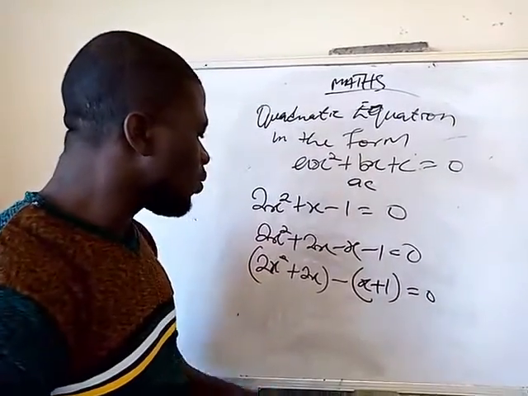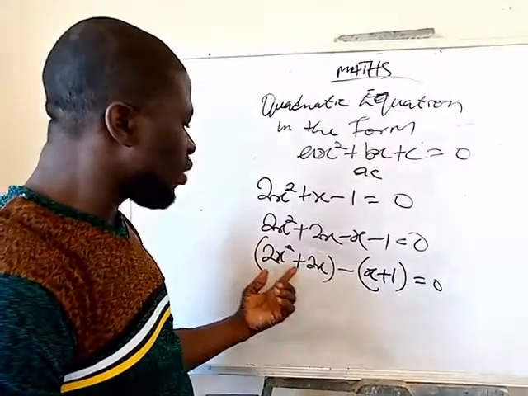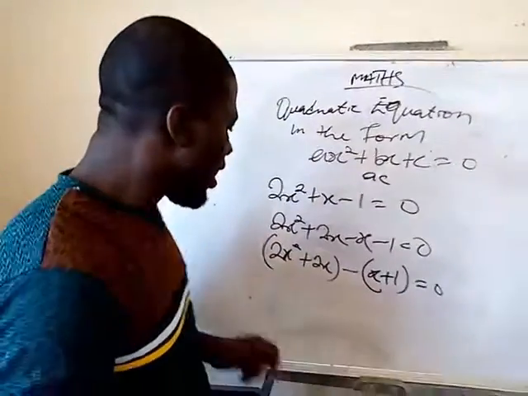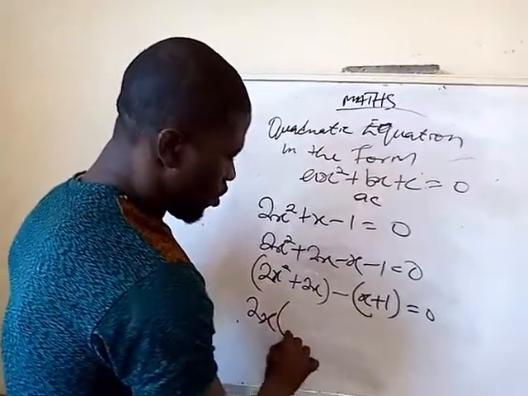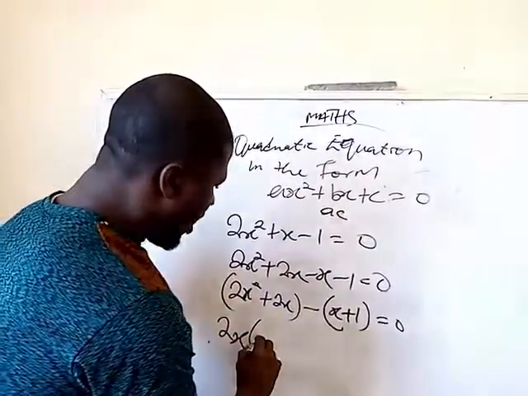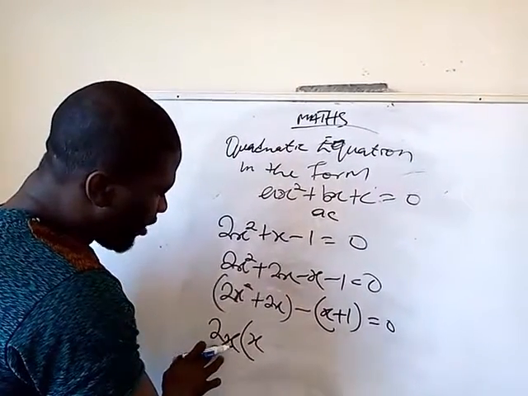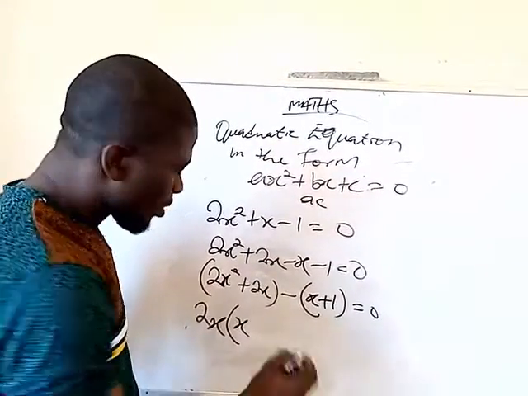In this case now, you ask yourself, what is common between 2x squared and 2x? The only thing common there is 2x. You write it outside, open your brackets, what is remaining now will be x. So that 2x times x will give me 2x squared.